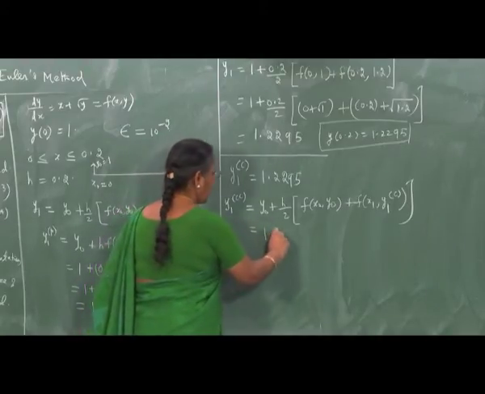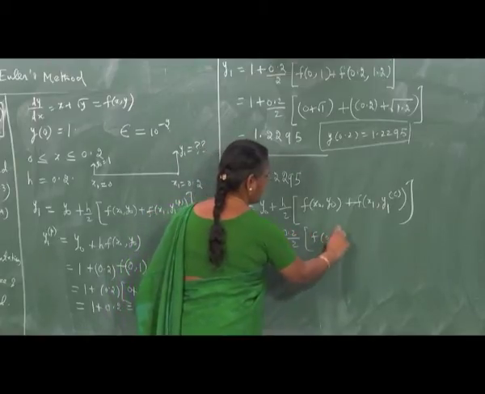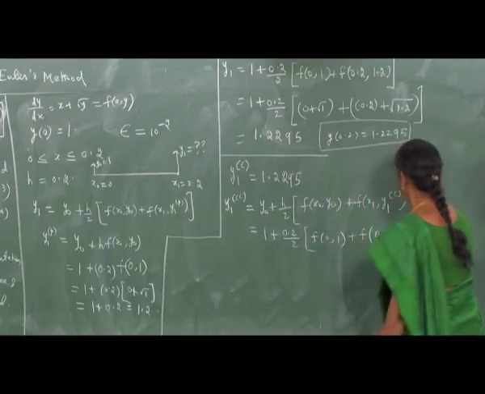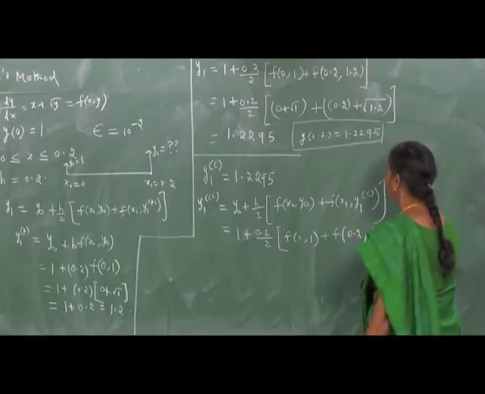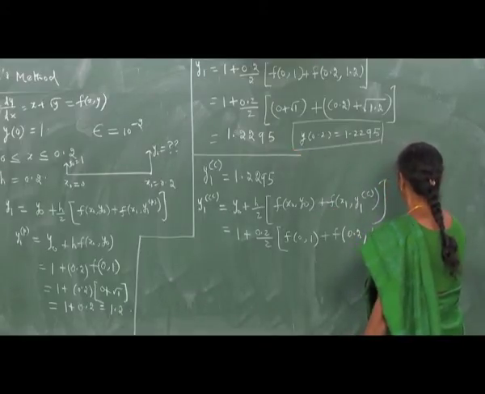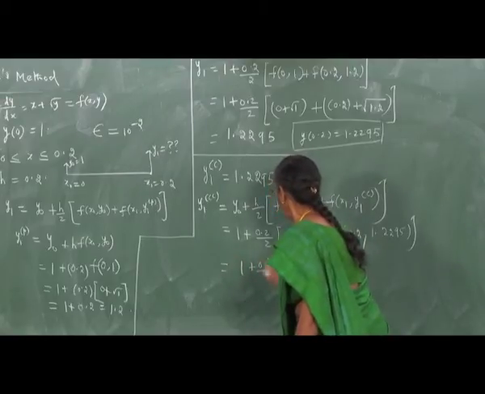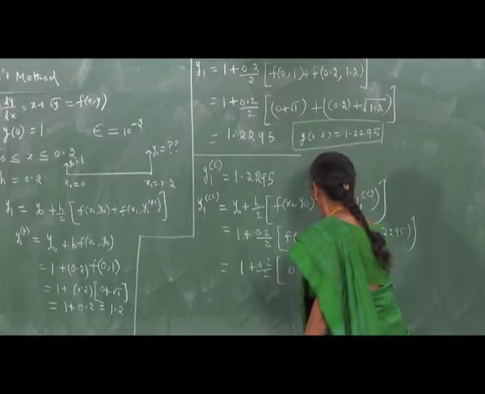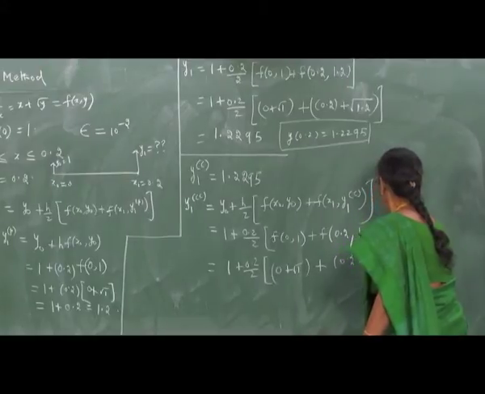So, this will be 1 plus h by 2 into f of x naught y naught plus f of x1 is 0.2. What is y1 corrected value? That is 1.2295. So, it is going to be 1 plus 0.2 by 2 into x plus root y plus x plus root y.